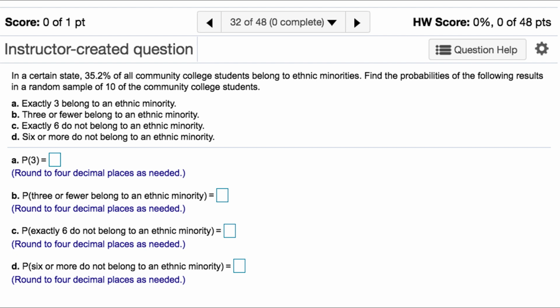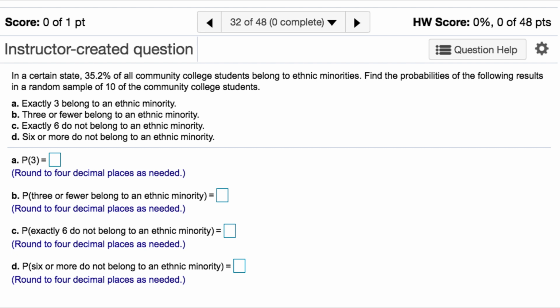The bi in binomial stands for 2. There are always 2 outcomes, and there's always 2 different ways to look at things. Anyway, first part, part A, exactly 3 belong to an ethnic minority.